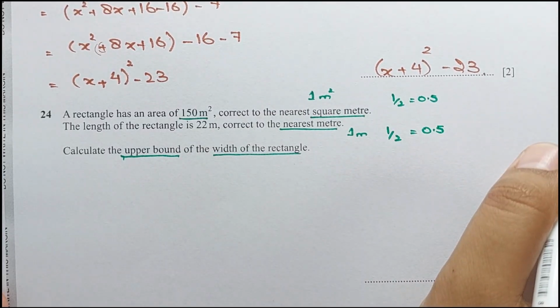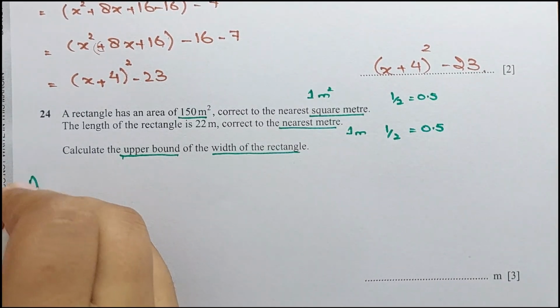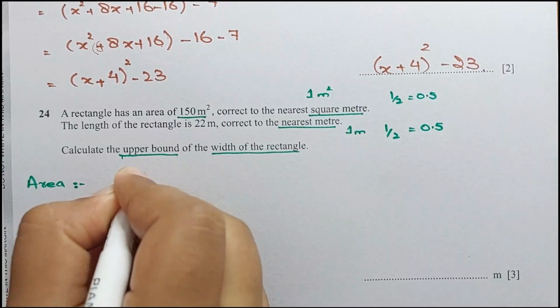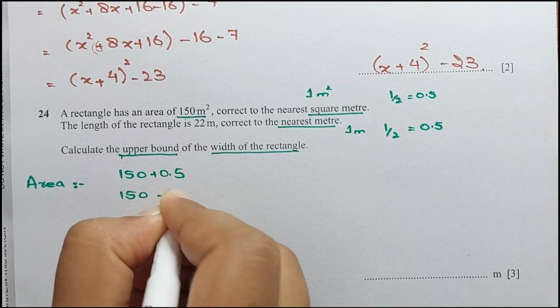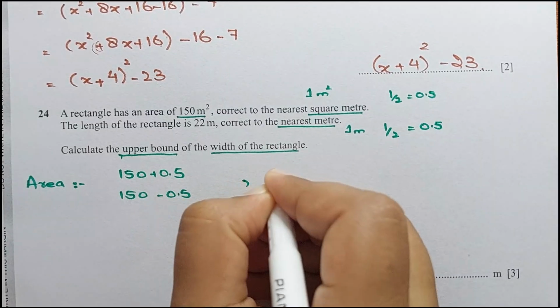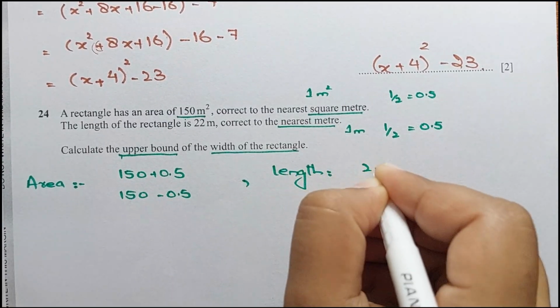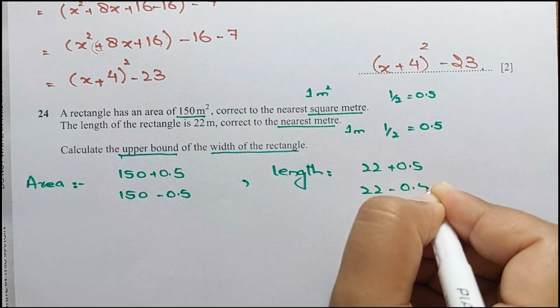Every time you have to divide that number by 2, right? Okay. So for area, finding out the upper and the lower bounds, 150 plus 0.5 and 150 minus 0.5. Same thing we are doing for the length. The length is 22, add 0.5 and 22 subtract 0.5.